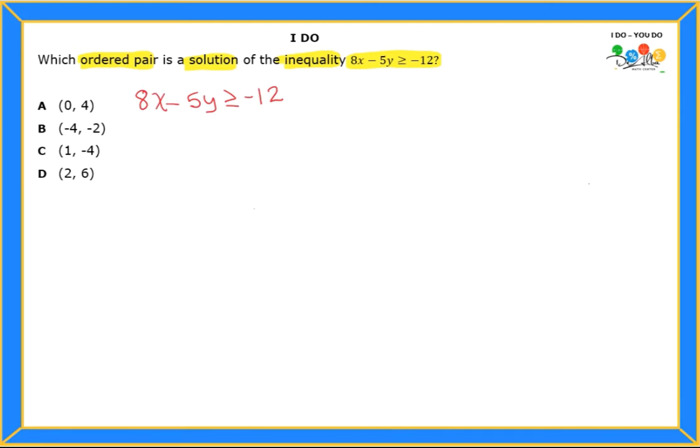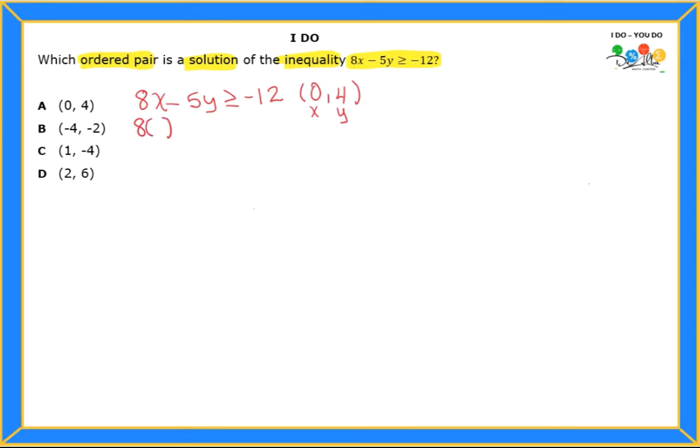And what I'm going to do next is choose letter A, and replace those values in my inequality. So the values that I'm going to choose for A are 0 and 4, where 0 is x and 4 is the y value. Next, I'm going to replace those values in the inequality.